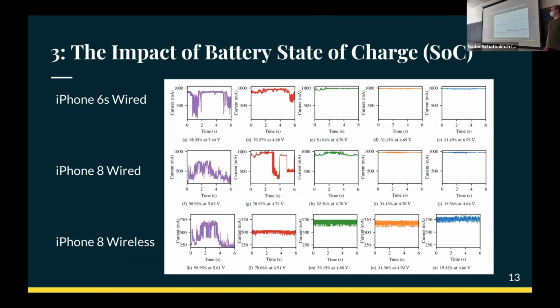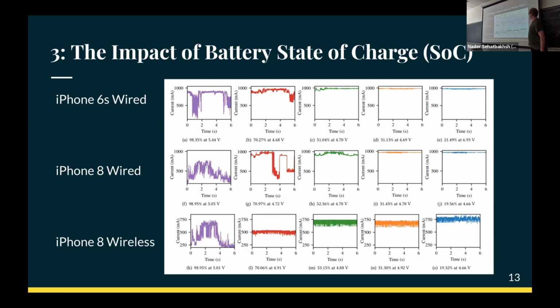The third main contribution of this paper is the importance of the battery state of charge. As we can see from a lot of these diagrams, we have different iPhone generations tested in both wired and wireless configurations. The iPhone 6s doesn't natively support wireless charging, so it was omitted here.